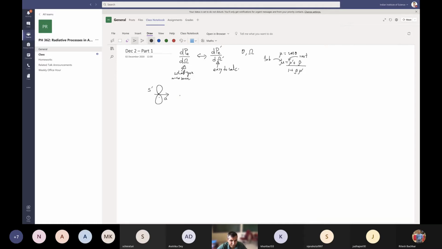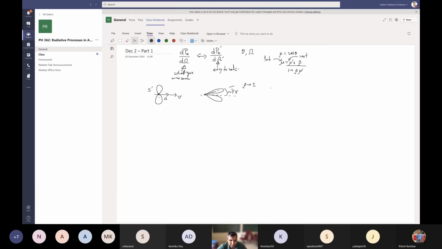And the particle is moving in this direction, so this is the direction of velocity of the particle as well. We actually showed mathematically that the radiated power is almost all forward beamed, and the angle of this relative to the particle motion direction is of order 1 by gamma, if beta is almost approaching 1.